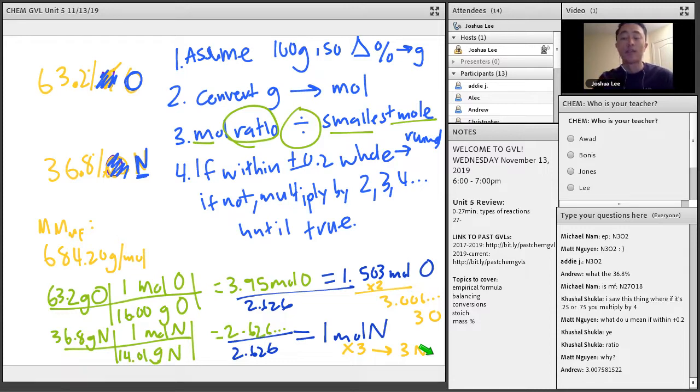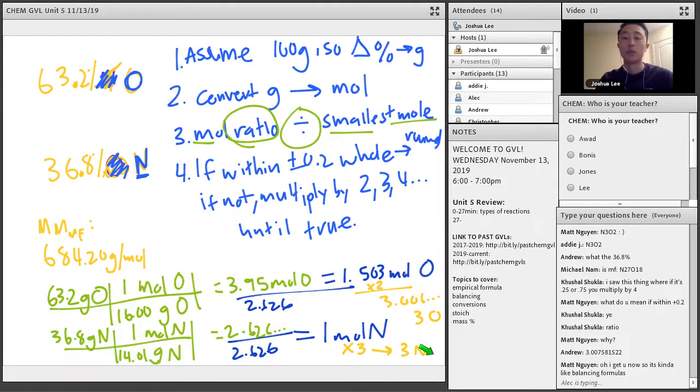If you have half of a shirt, you can't go out and buy half of a shirt. So that means you would just have to double everything and say, okay, the bare minimum I would need is 2 full shirts or 1 shirt, like that. So you need to have that ratio be closer to a whole number. Yeah, it's kind of like you're balancing the equations, but instead of an entire equation, you're just trying to balance a formula, one compound.